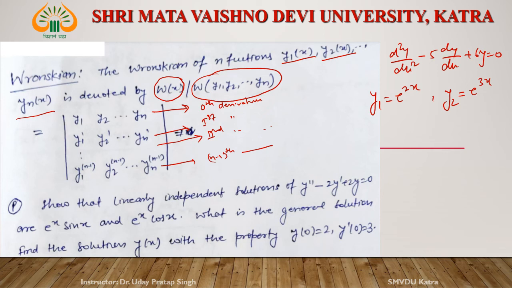Construct this determinant and solve it. If this is equal to 0, then the solutions are dependent.